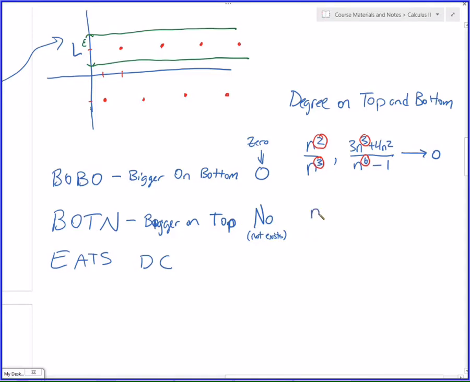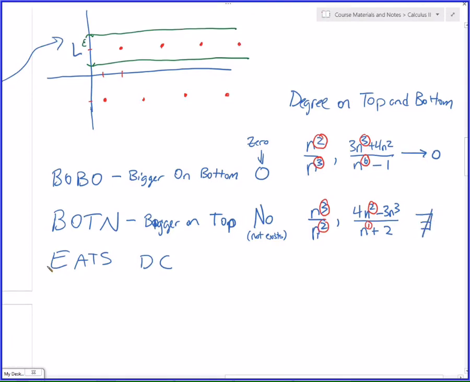Meaning that if I had n cubed over n squared, or if I had 4n squared minus 3n over n plus 2, both of those, if you look at the degree, which is the highest number, are bigger on top, right? What's the degree on bottom? 1, it's understood. So, the limit does not exist.